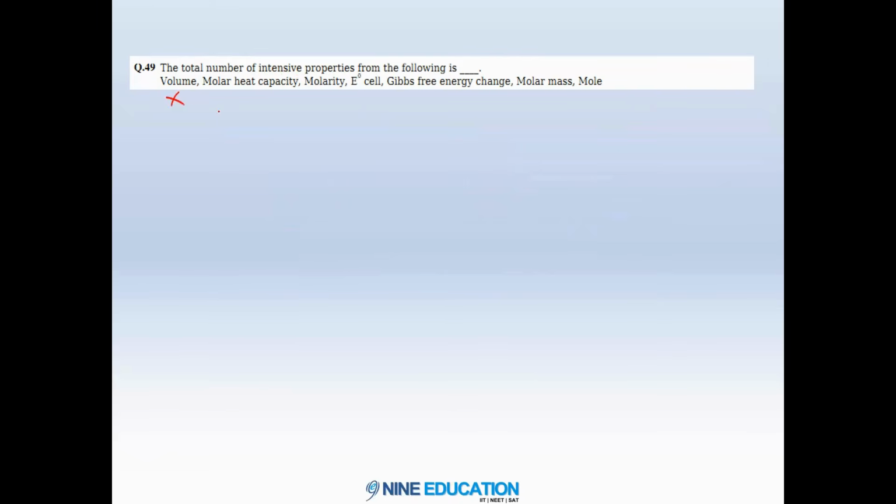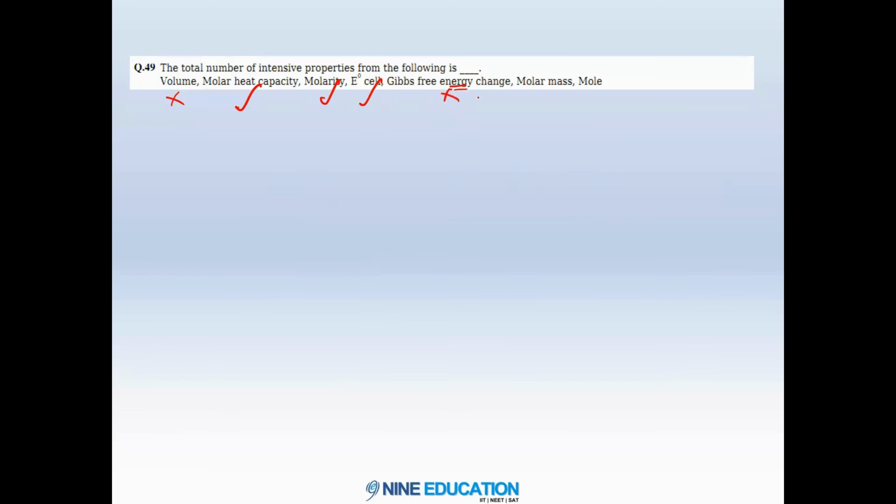Intensive, volume is extensive, definitely dependent on the amount. Molar heat capacity is intensive. Molarity, concentration terms, all concentration terms are intensive properties. E naught cell is intensive. Change in Gibbs free energy, any form of energy, if it is not molar or specific energy, is an extensive property.